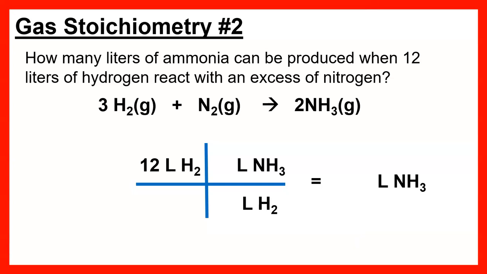Ammonia goes on the top. And then I look at my coefficients. I have 3 liters of hydrogen for every 2 liters of ammonia. So I cancel my units, and I see that I get 8 liters of ammonia if I start with 12 liters of hydrogen.